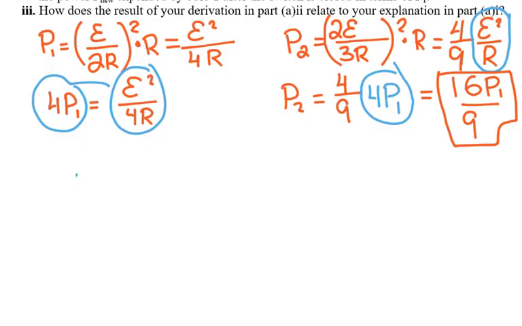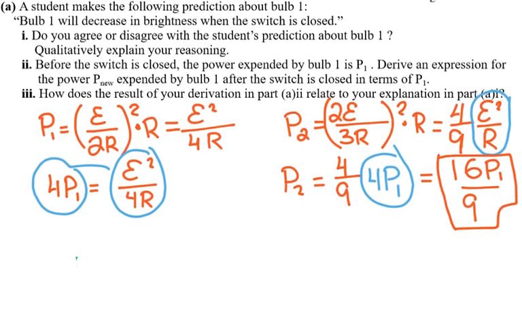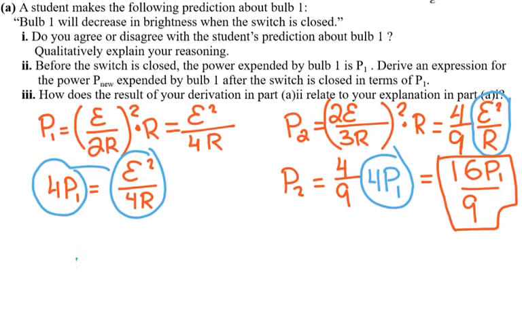And for the last part here in A, they ask you how does the result in your derivation in part A1 relate to your explanation in part A2, where you said that the brightness of the second bulb is going to go higher.